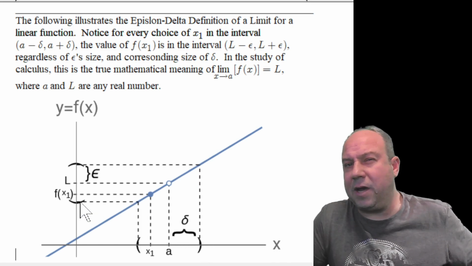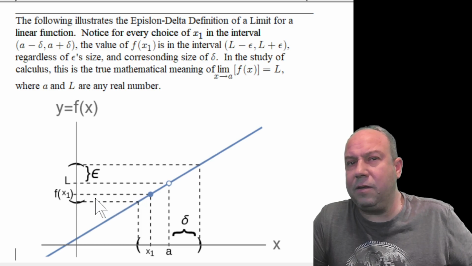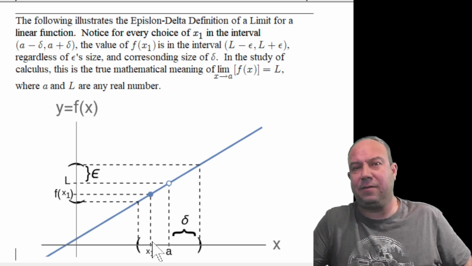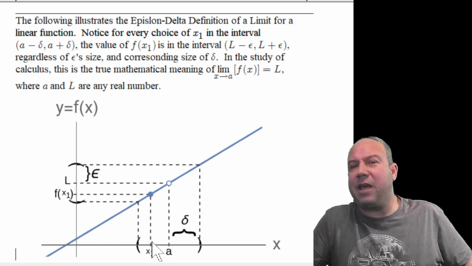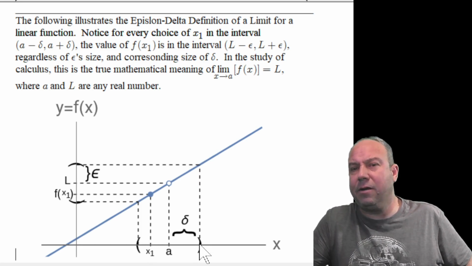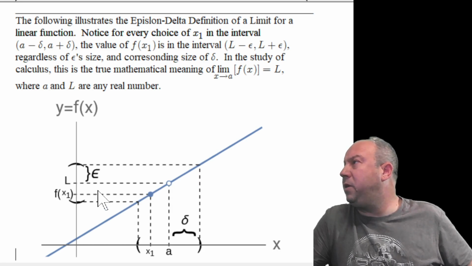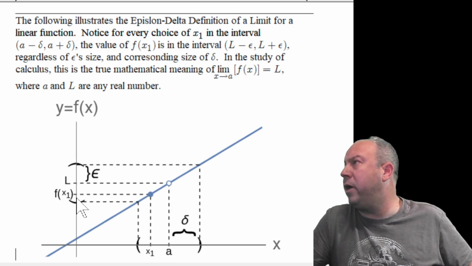And from this boundary on the left, or from below on L, you'll be able to go over and indicate that they'll always correspond to this boundary on the left of a. Such that whenever you pick a number in here for x, you'll always be really close to this location on our graph, which means the output of your function will always be within this boundary of epsilon.